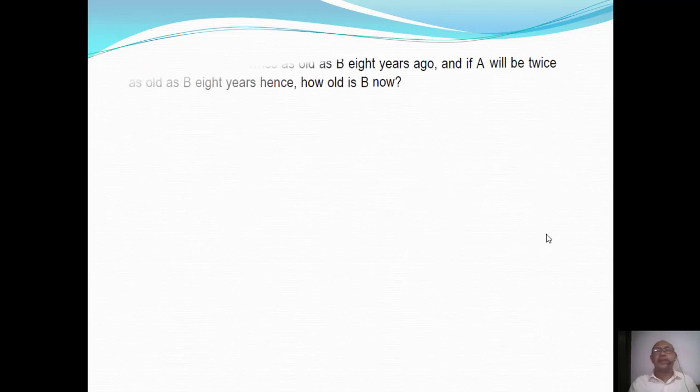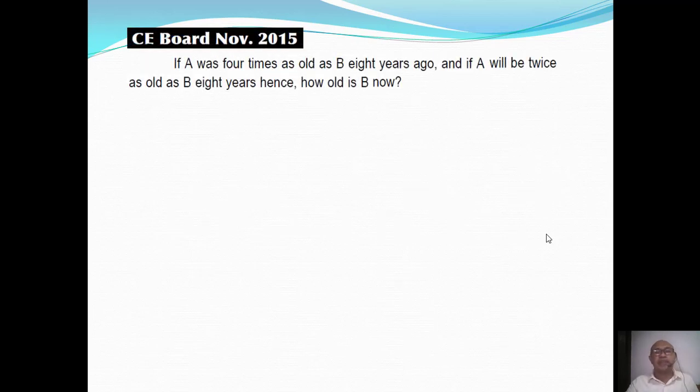Okay, so problem number 1. This is taken from CE Board, November 2015. If A was 4 times as old as B 8 years ago, and if A will be twice as old as B 8 years hence, how old is B now?